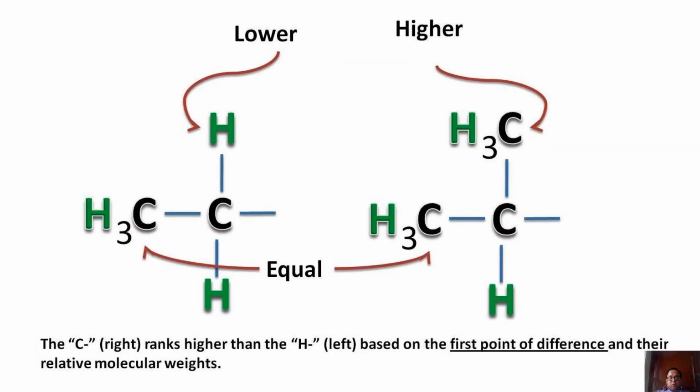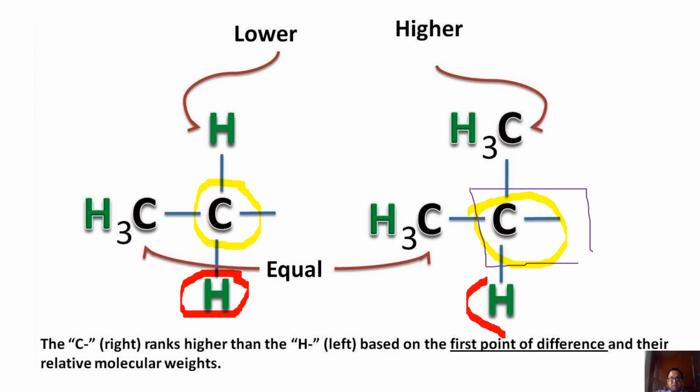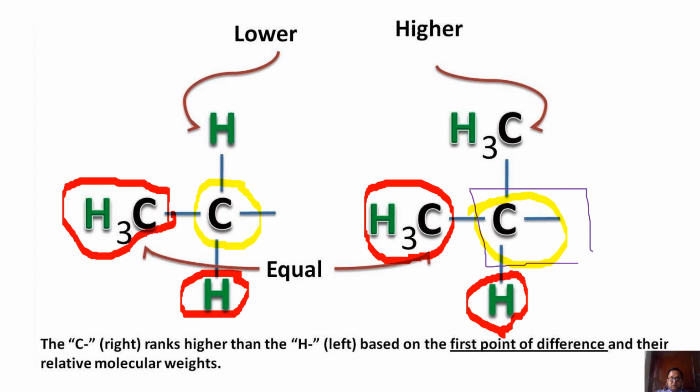Now, if we look at this next example, we have to focus on this carbon. See this carbon. Now we have to see the different substituents that are attached to this carbon. The very first one is hydrogen. Here is also hydrogen. Second substituent is methyl, and here is also methyl. So till now there is no point of difference.